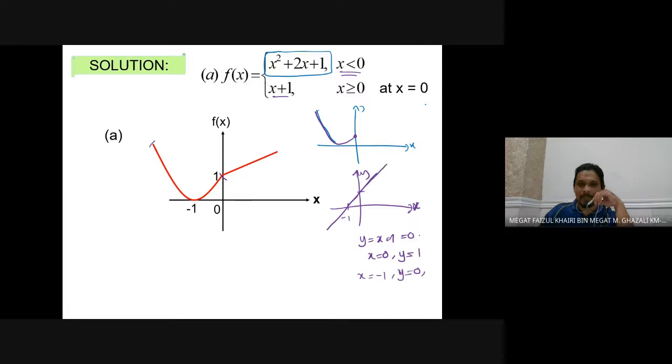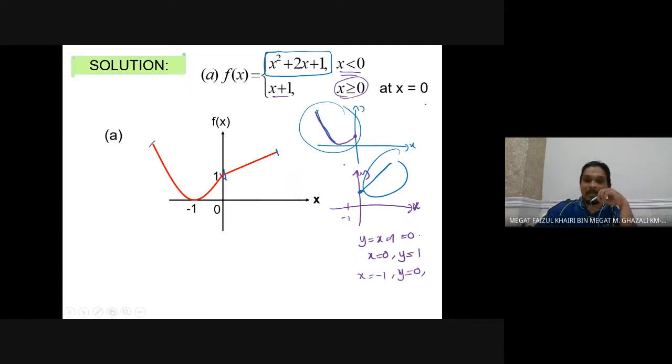But because this is only valid for x greater than 0, start from here. So what are we going to do with the rest of the graph? Clear them all. That's it. So combine between this, and you get it all here for x plus 1.